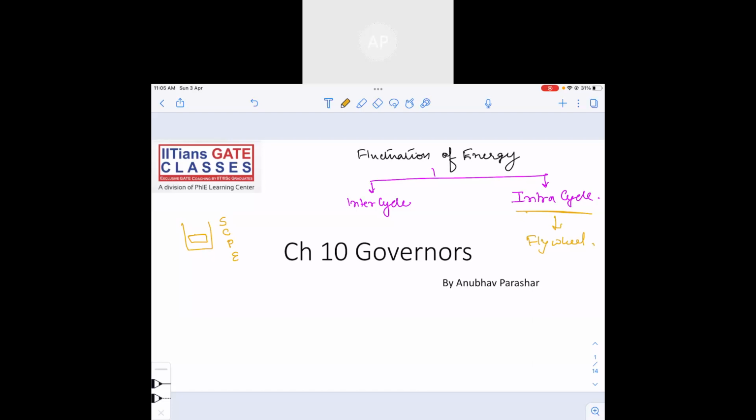What will happen if you don't change the position of the accelerator? If you don't press the accelerator more, your engine will slow down because there is more load. The speed of the engine will become slow.